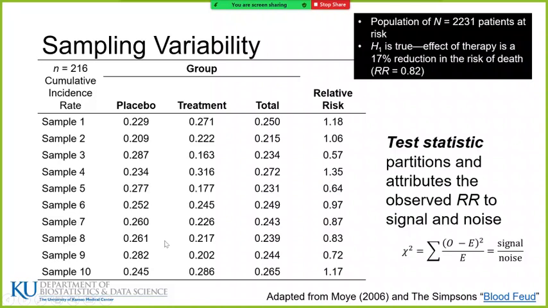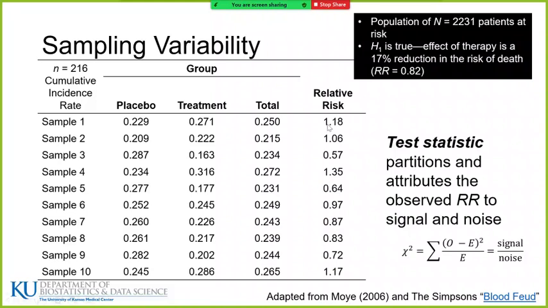If we look at the example that we have here, these individual studies are each doing a hypothesis test. So in my first sample, I have a relative risk of 1.18. So if I just stop there and don't do anything else to acknowledge the impact of sampling variability on my result, I just report a relative risk of 1.18, and I state that there's an 18% increase in the mortality rate.